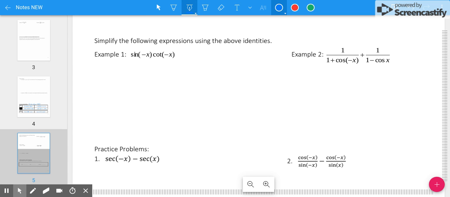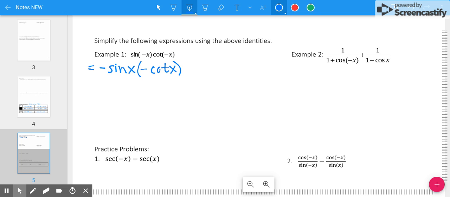So example 1, we have sine of negative x times cotangent of negative x. So I want to take care of the even oddness first. So I'm going to take the negatives out or make them go poof, depending on what the function shows me. So for example 1 here, sine is odd, so the negative comes out in front. And I'll use some parentheses here because cotangent is odd, so the negative also comes out in front.